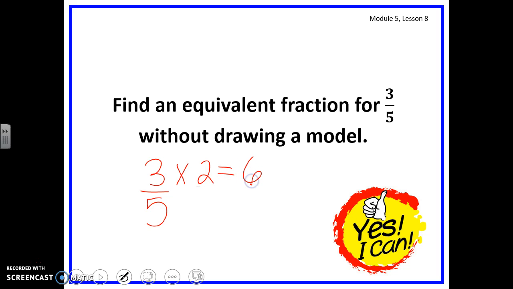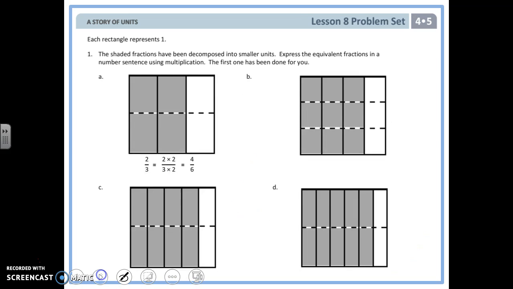And that gets me 6. And multiply the bottom by 2. And that gets me 10. So 3/5 equals 6/10. Really simple. I know some of you might think it's cool to multiply by 10, or by 5, or by 8, or by 12. But if it says make any equivalent fraction, multiply by 2 and make it easy for you.